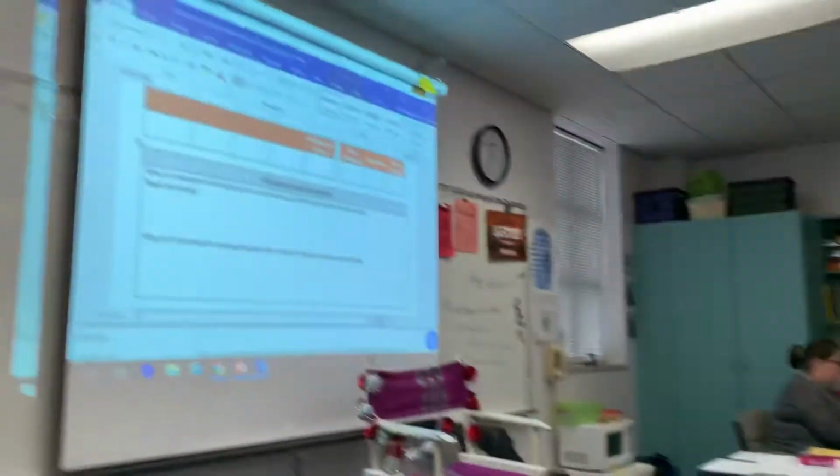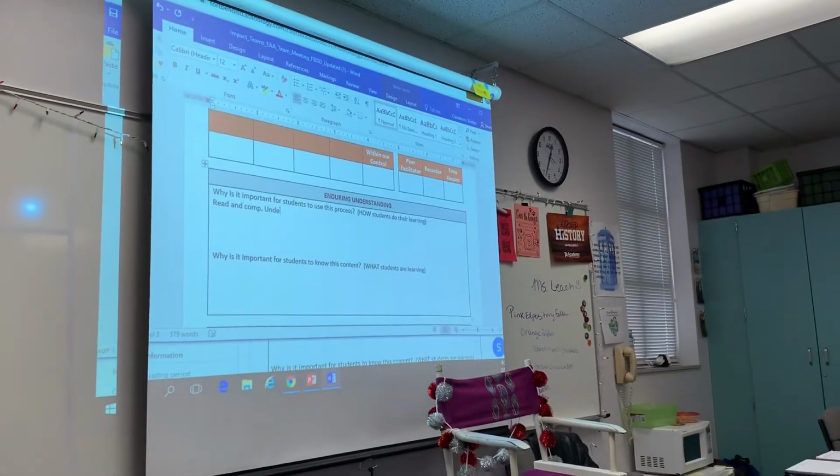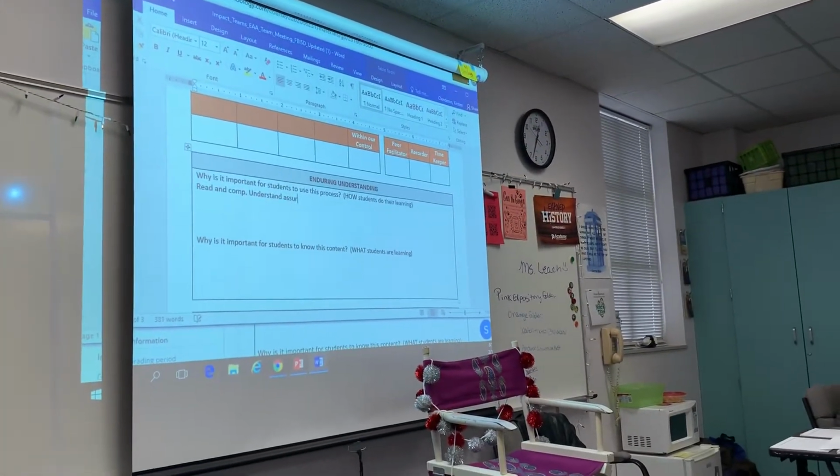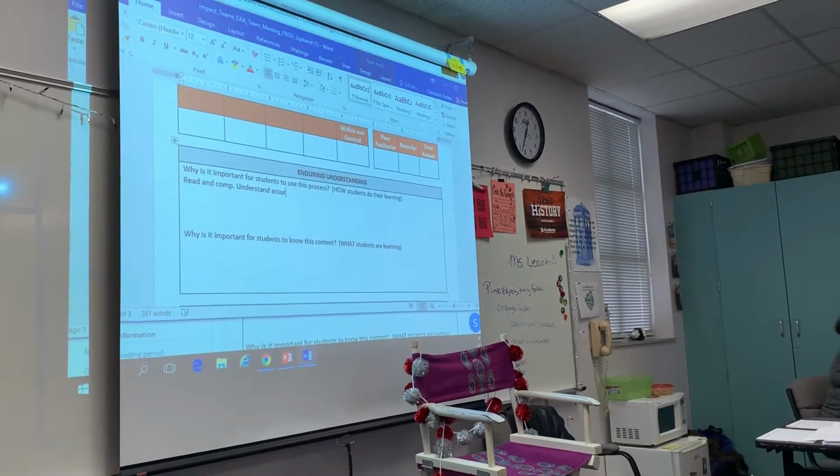So why is it important for our students to use this process? How students do their learning. Love that language, but why is it important that they understand the short answer response and are able to compare? I feel like it's very important for them to be able to read and comprehend and understand the assertion of what they're trying to say that answers the actual prompt.